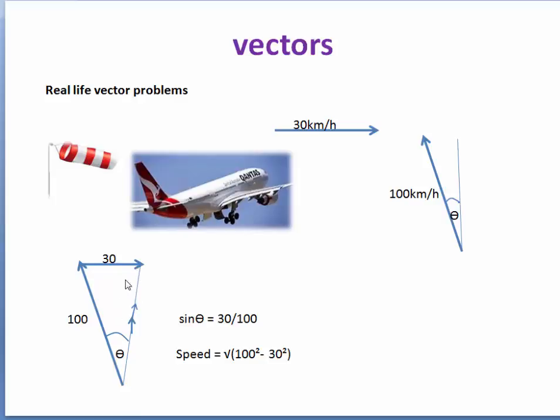So what's this angle theta that it has to follow into the wind to be blown this way? And we get that from sine theta, so that's opposite over the hypotenuse. Sine theta equals 30 divided by 100, and the speed from Pythagoras' theorem is square root of 100 squared minus 30 squared.